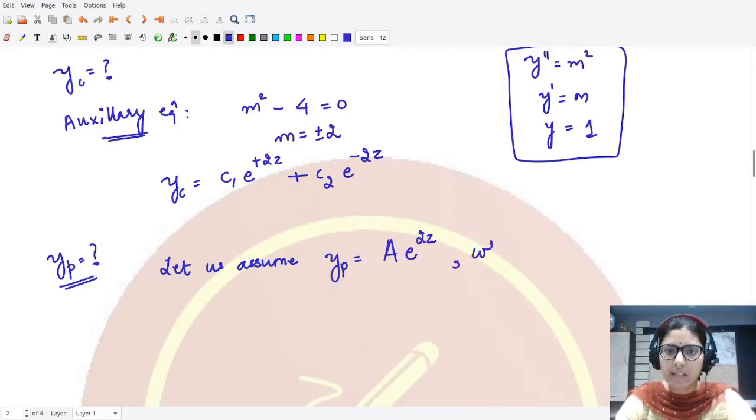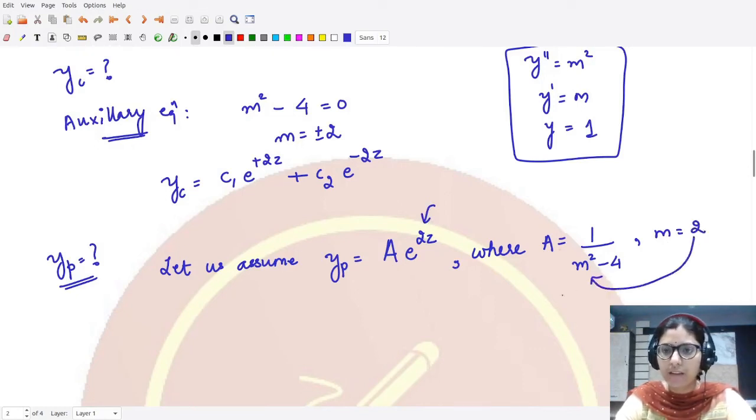Where what is this a? Your a is obtained when you divide 1 by the left hand side. So you have m square minus 4, where what is your m? That is the coefficient of this function, so it is 2. But when you plug this 2 here, we have a is equal to 1 by 0, so you have infinity here. So this is a case of failure, so we won't take this case.